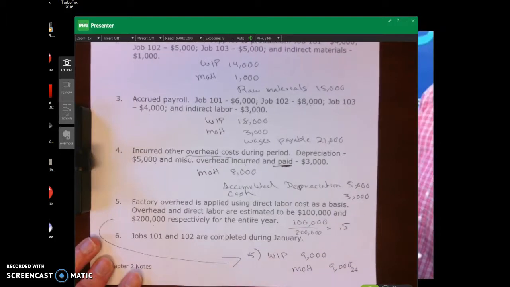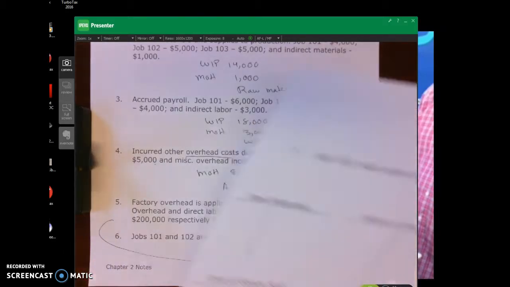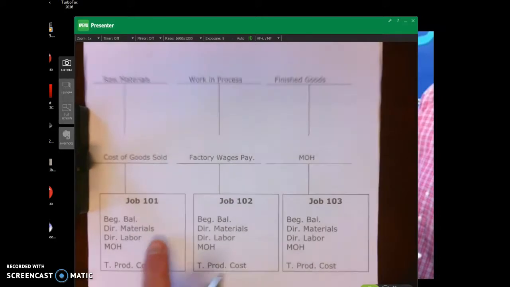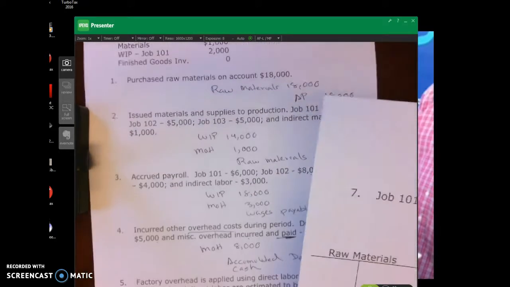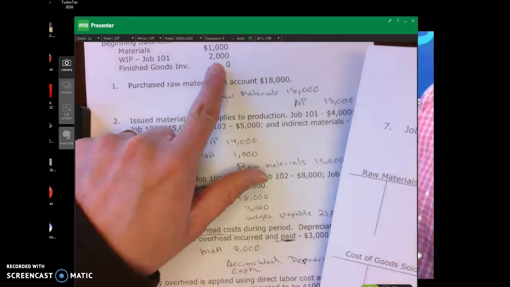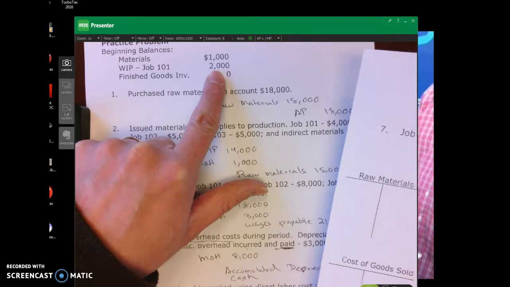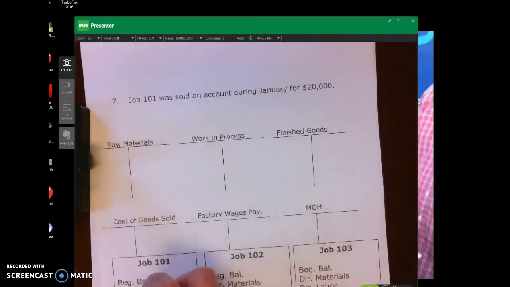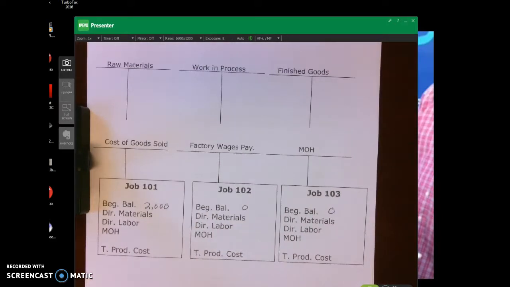And then finally it says jobs 101 and 102 are completed. In order to do that, we actually have to do our job cost sheets for jobs 101, 102, and 103. We have to look for some beginning balances. Our WIP for job 101 is $2,000. Beginning balance for 102 and 103 is 0. Now we can start to complete our job cost sheets.